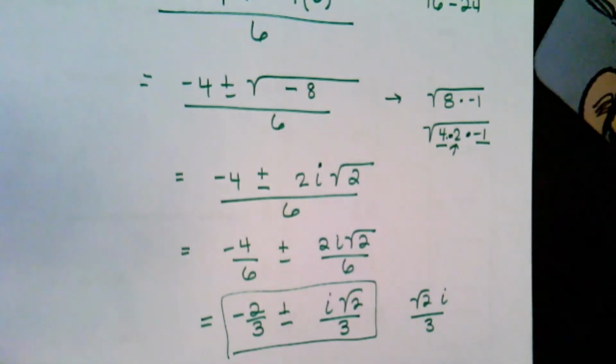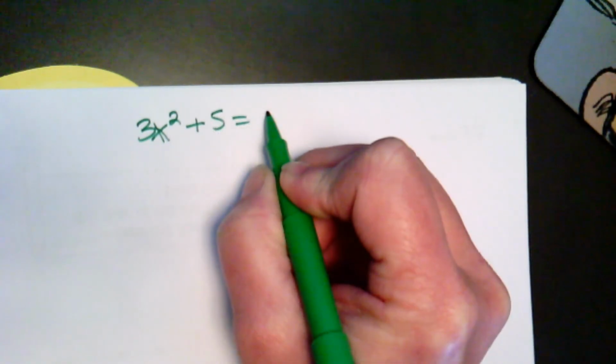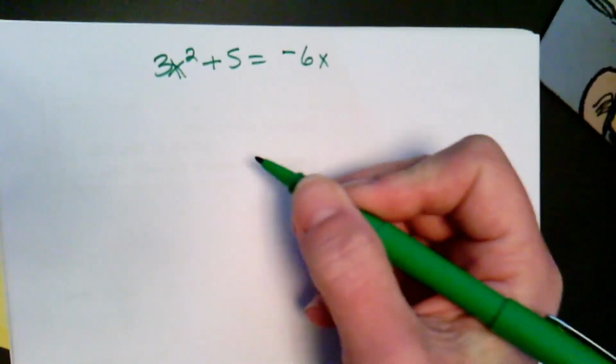And let's see, I'll try one more if I can find one more. 3x squared plus 5 equals negative 6x. So I need it in the standard form first.